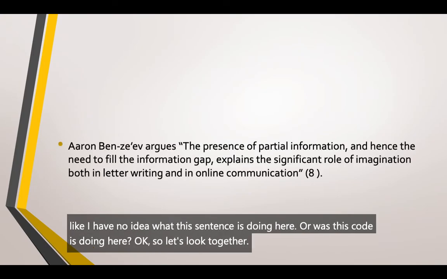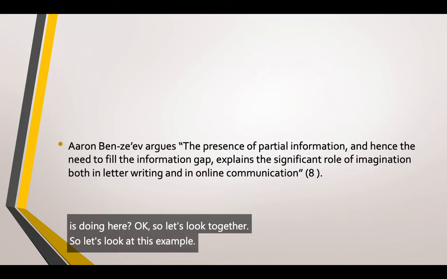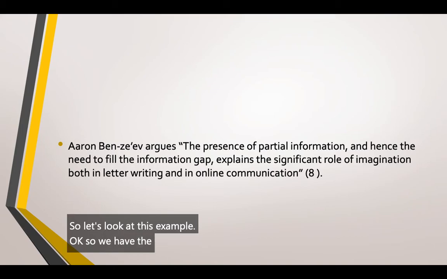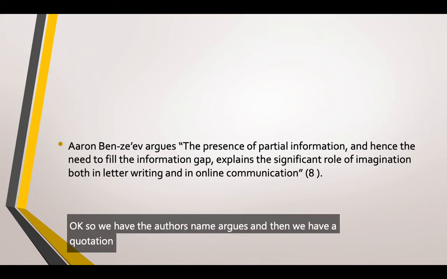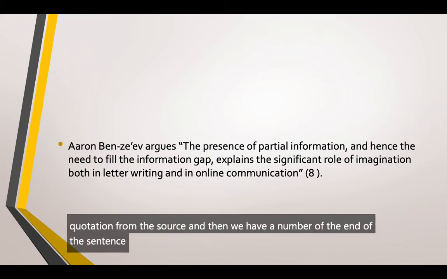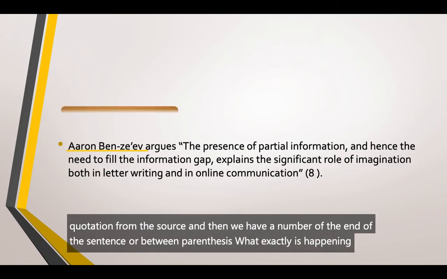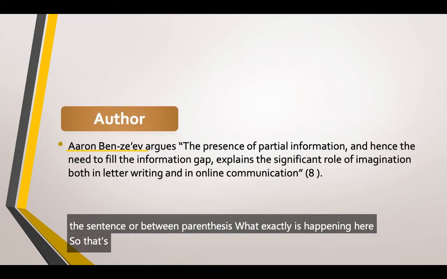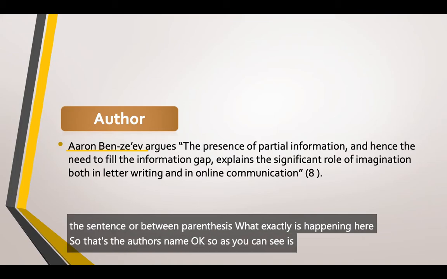So let's look at this example. We have the author's name, argues, and then a quotation from that source, and then a number at the end of the sentence between parentheses. What exactly is happening here? That's the author's name, and as you can see, it's the full name, first and last.